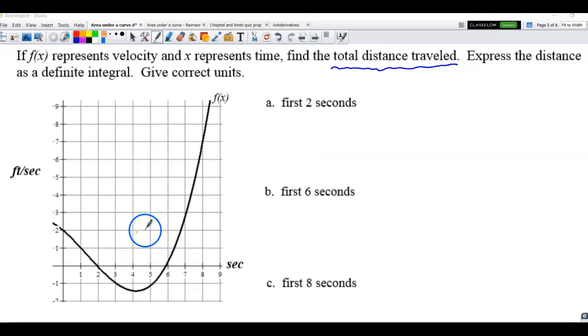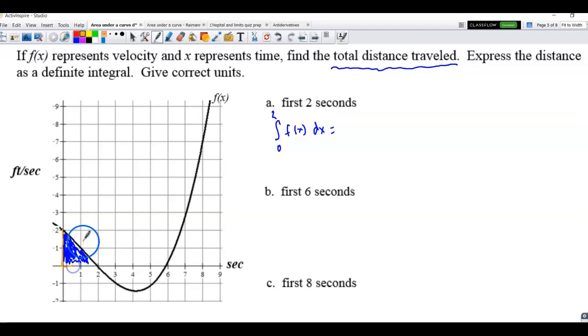During the first 2 seconds, as we've already talked about, the area that is enclosed is above the x-axis, so that's going to be all positive. So we're not worried about getting the total distance traveled because we're only moving in one direction. So the total distance traveled would be the area accumulated from 0 to 2 underneath f of x dx. I actually can do this by counting blocks, but in this case, it looks very triangular.